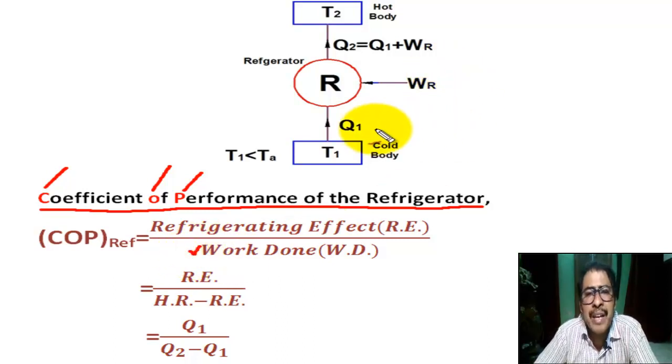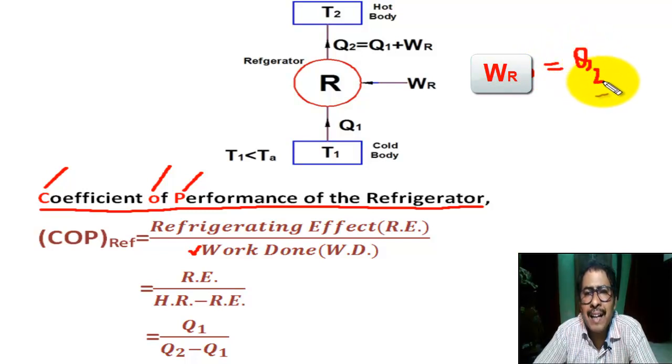What is work done? Q1 is heat extracted or removed, Q2 is heat rejected to the hot body. So WR equals Q2 minus Q1.